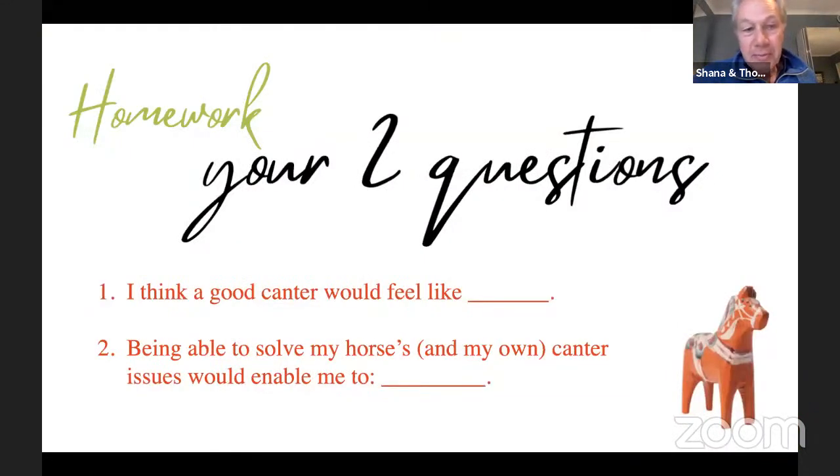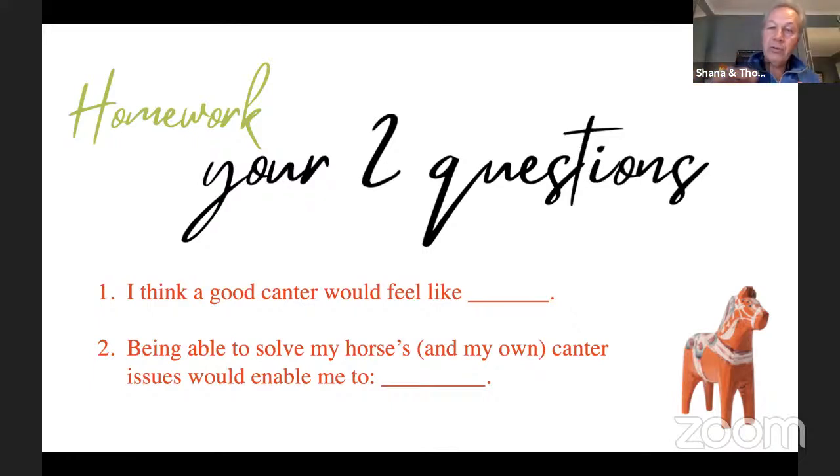And so, we talked about the questions, right? I think a good canter would feel like, we had some good answers, and then being able to solve my horse's and my own canter issues would enable me to... So that's what we were just talking about. On the one hand, you need a good canter in order to be able to move up the levels and to develop the horse's gaits in a balanced fashion.